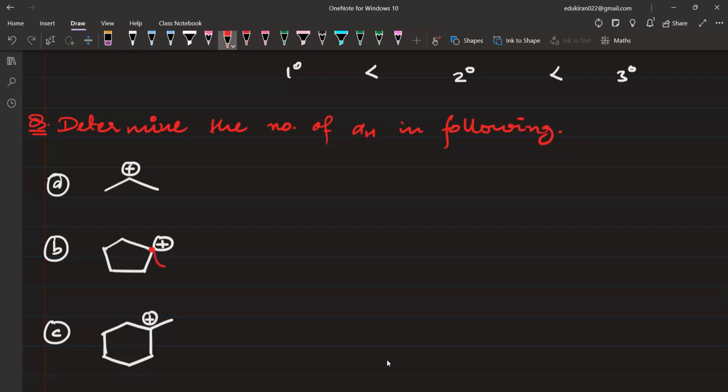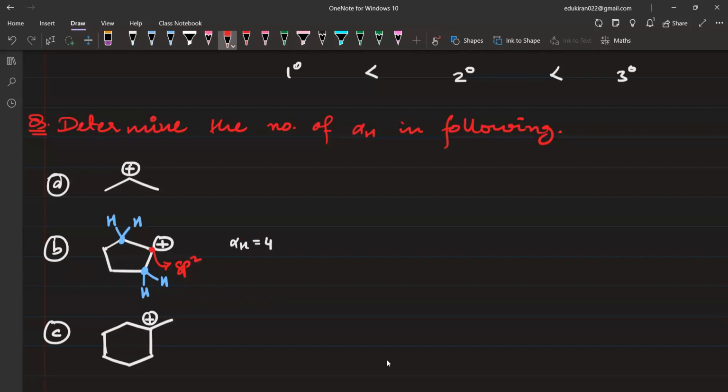This is the sp2 carbon. Directly bonded to the sp2 carbon, we have 2 carbons. This is 1 carbon here and 1 carbon here. This carbon atom is also having 2 hydrogens because each carbon will have 4 bonds. So the number of alpha hydrogen here is equal to 4.